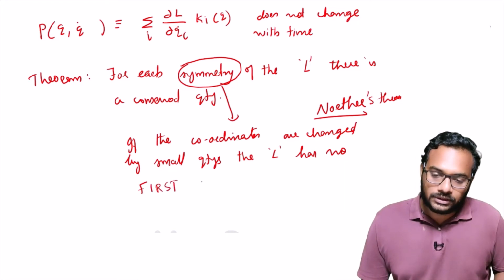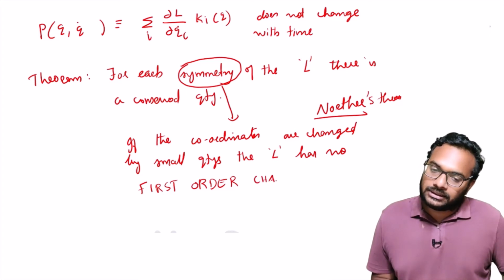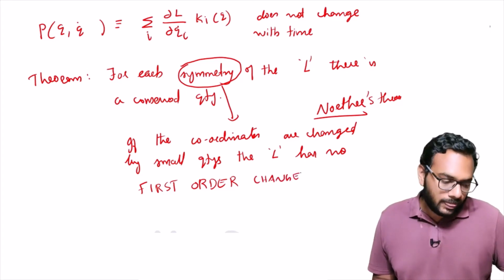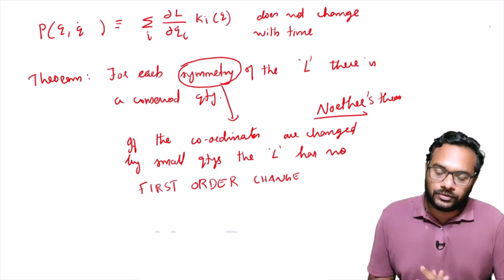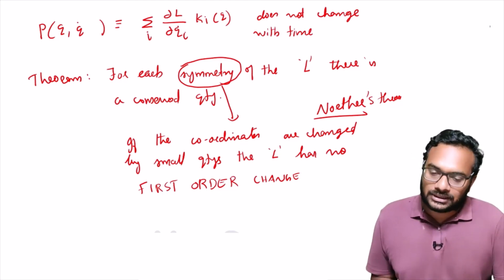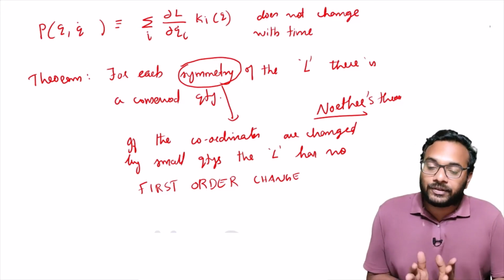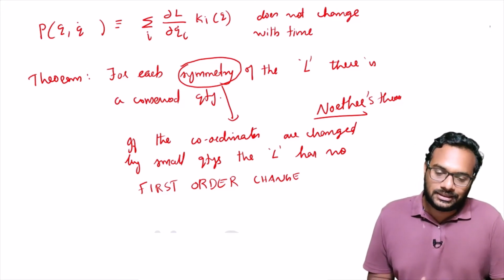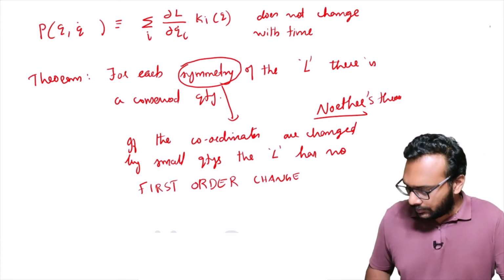First order change means that in the new Lagrangian there are no terms proportional to epsilon, if epsilon is the small quantity. That's sufficient for Noether's theorem to work. Even if there is a full symmetry, as in the case of cyclic coordinates, then also Noether's theorem works. But for Noether's theorem to work, you need only a first order invariance of the Lagrangian when you make a small change. I hope that's clear.